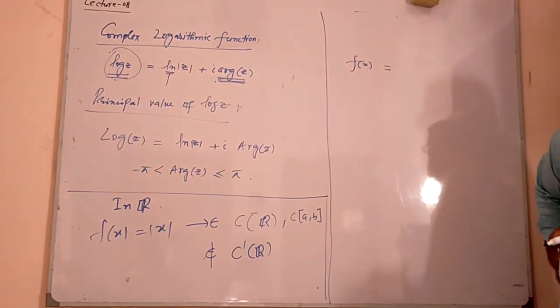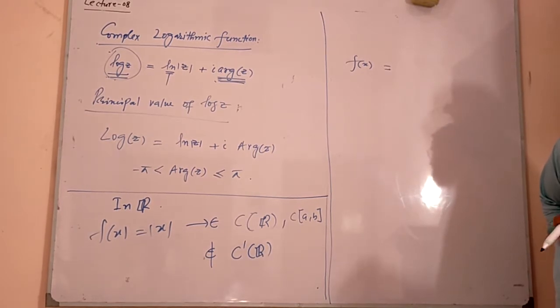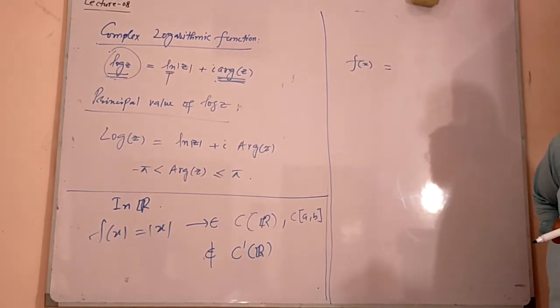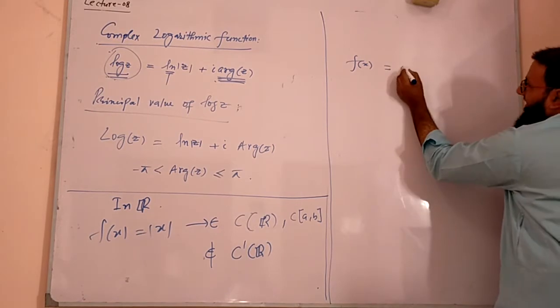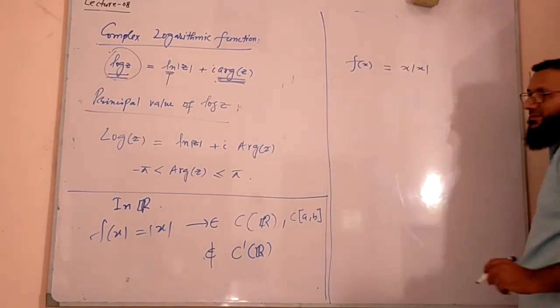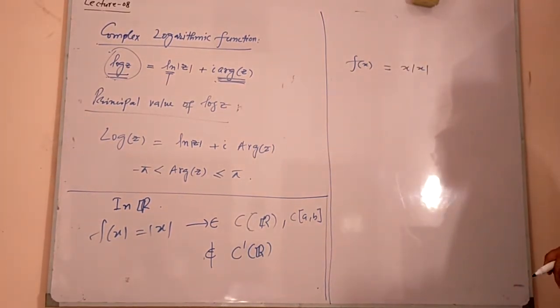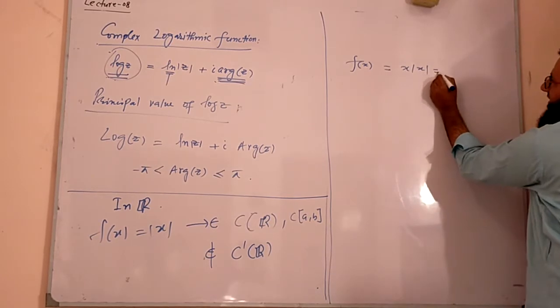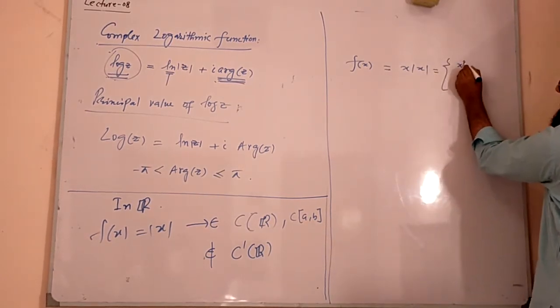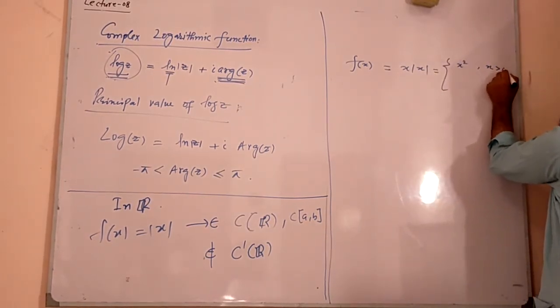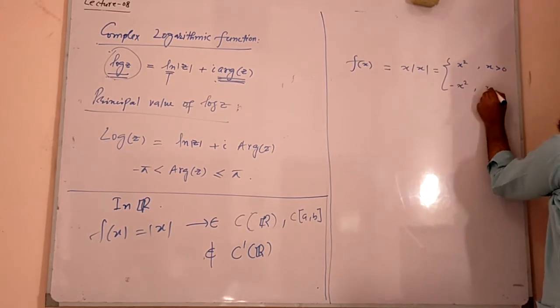We can define so many functions in this way. One example is x mod of x. When you define this function exactly, this becomes x square when x is greater than 0 and minus x square when x is less than 0.